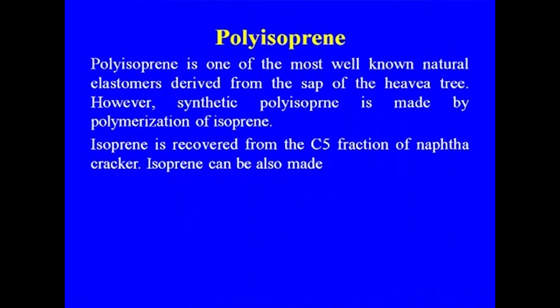isoprene, which can be recovered from the C5 gases, because after recovery of the C4 gases that will go to the isoprene. There is actually some problem in separation because of the close boiling points, and the liquid extraction is used for separating the isoprene, and that is the isoprene that can be used if you are going from the C5 route.